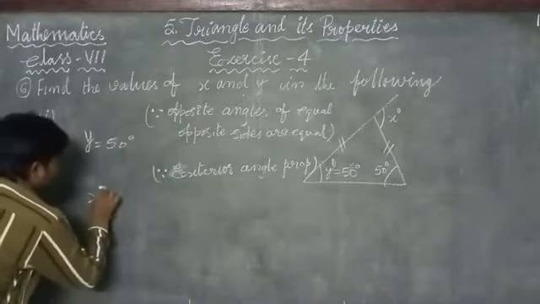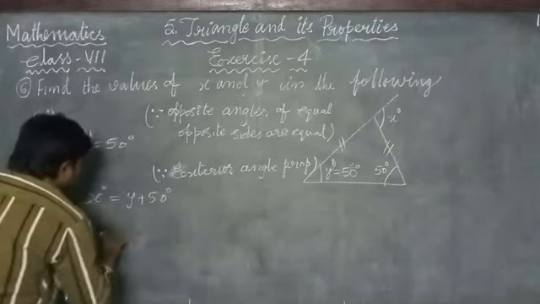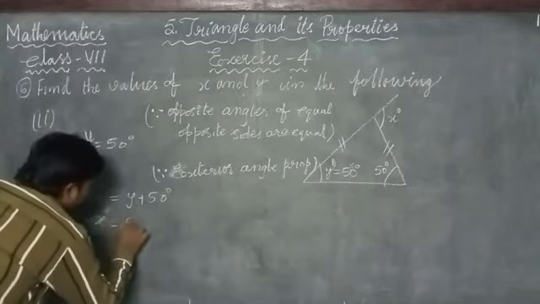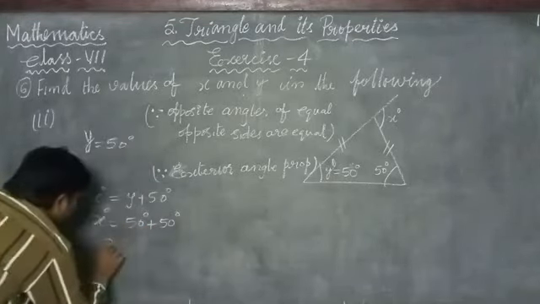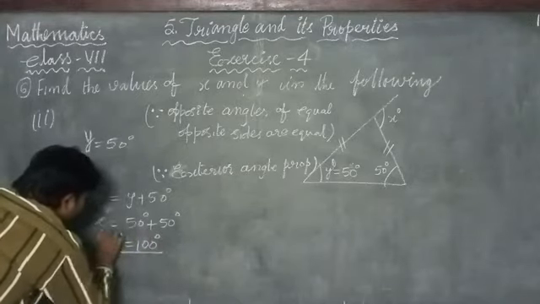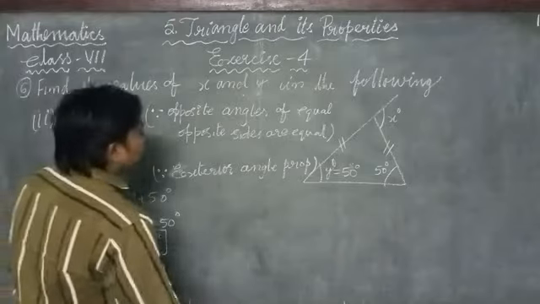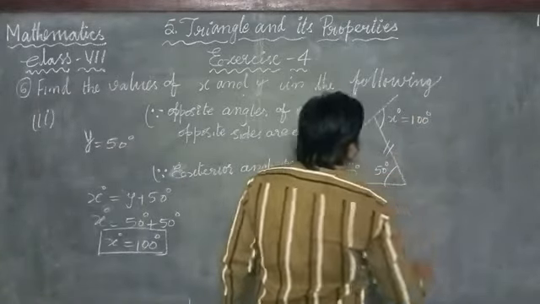Then x degrees equals y plus 50 degrees. Then x equals 50 plus 50. Then x equals 100 degrees. Finally, x equals 100 degrees.